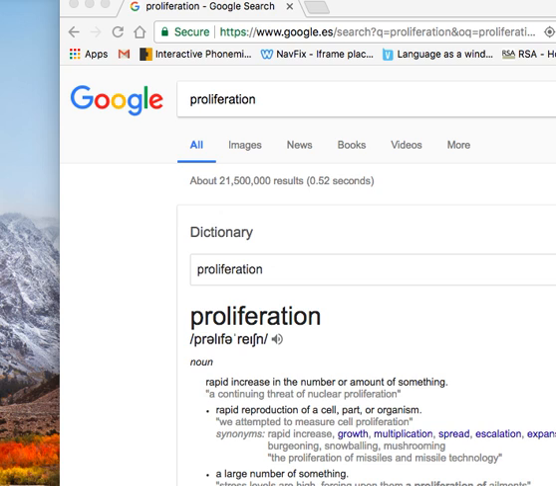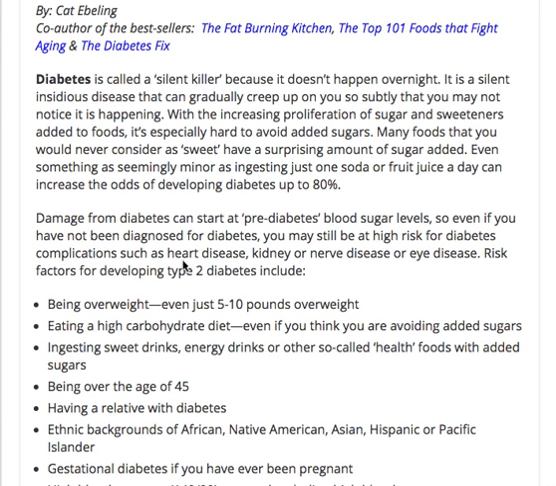It means rapid increase in the number or amount of something. Example, a continuing threat of nuclear proliferation. Let's go back to our sentence and see how it's used in context. With the increasing proliferation, so the amount or the number is increasing very, very quickly, rapidly. With the increasing proliferation of sugar and sweeteners added to foods, it's especially hard to avoid added sugars.